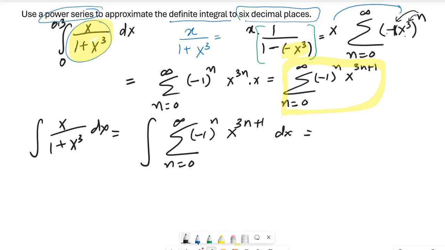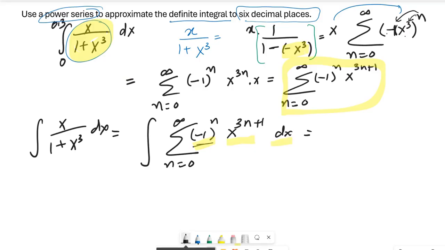Now, this looks complicated, but you know what this is? These are the terms which are added and they have a negative 1 to the power n. It's a constant with respect to x, so that's not being affected. The only thing we need to integrate is x to a power.